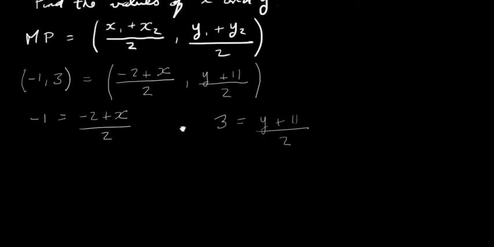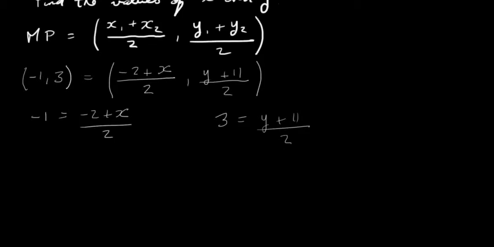So let's do that. First of all, I'm going to solve this bit here. So I have minus 1 equal to minus 2 plus x over 2. What I can do is multiply everything by this 2. If I multiply the left hand side by 2 and multiply the right hand side by 2, I'll get rid of this fraction anyway.